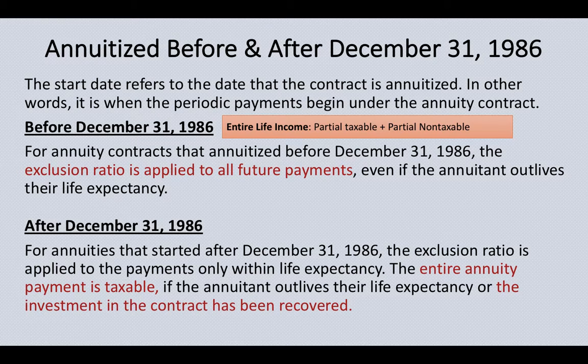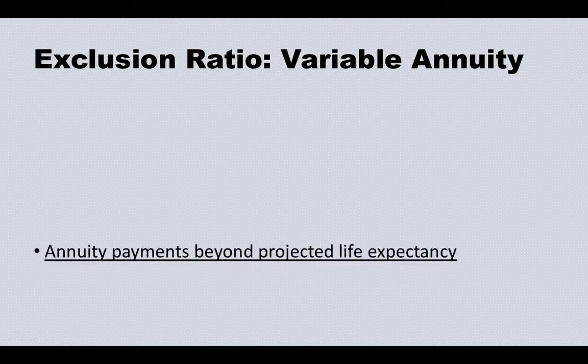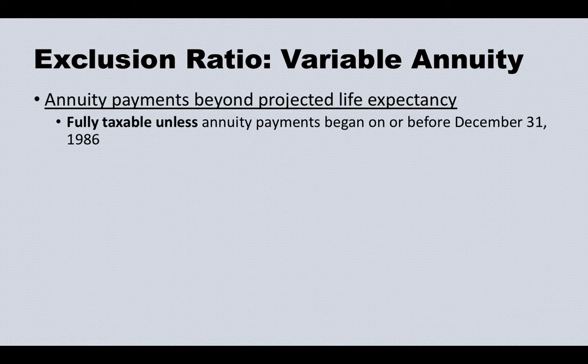The entire life income is partially taxable, partially not taxable, if it's before 1986. After 1986, once beyond life expectancy, the entire payments are taxable.